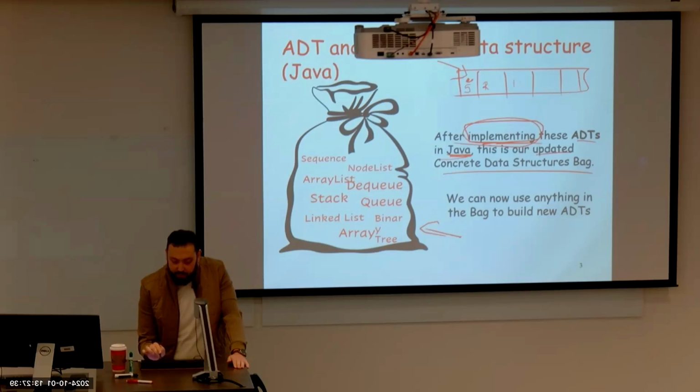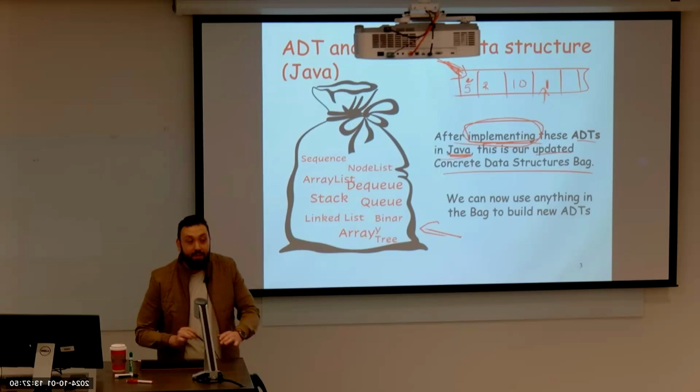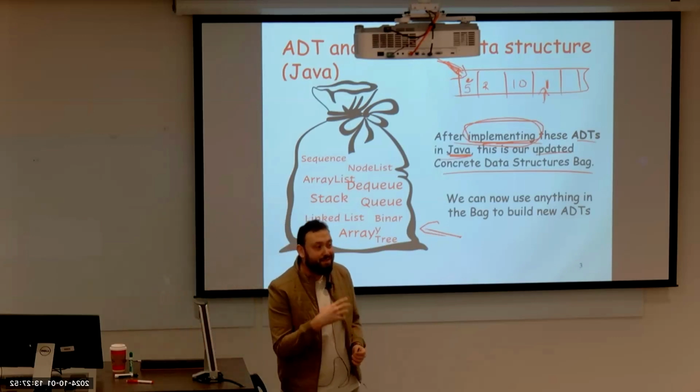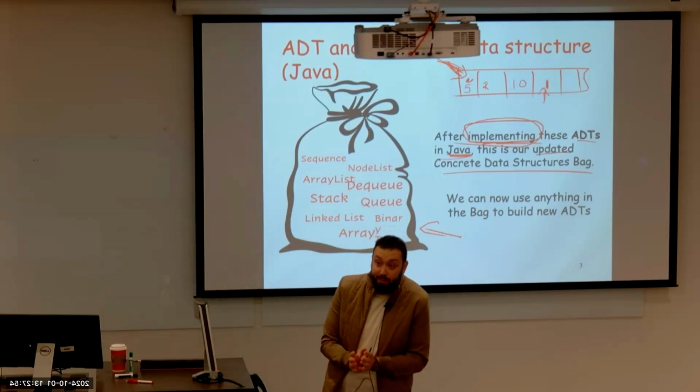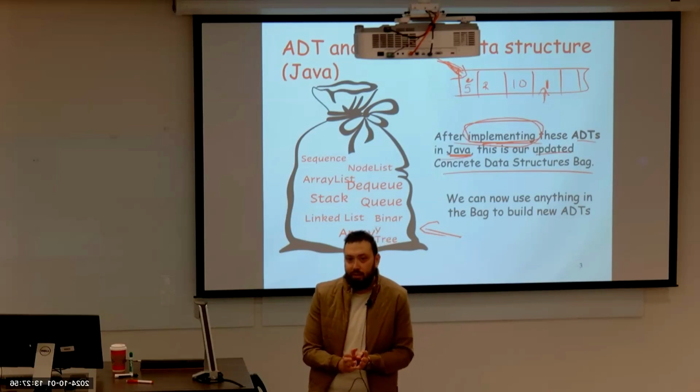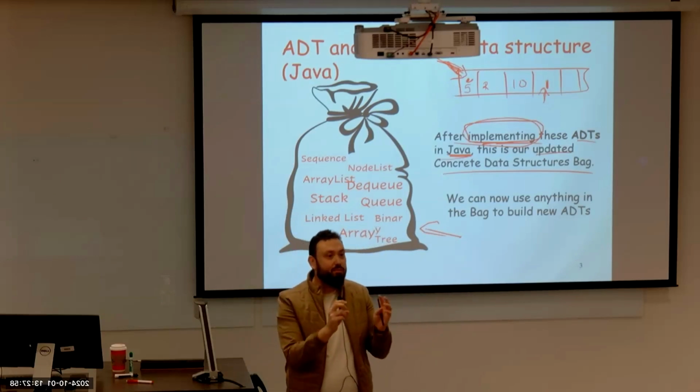And let's say 10 here, and then 1 here. So 1 is the highest priority. If I'm using a queue, I can only access this one, right? I won't be able to access any of these. That's why looking at something that is array-based is not bad. Why? Who can tell me why something like an array list would be good?